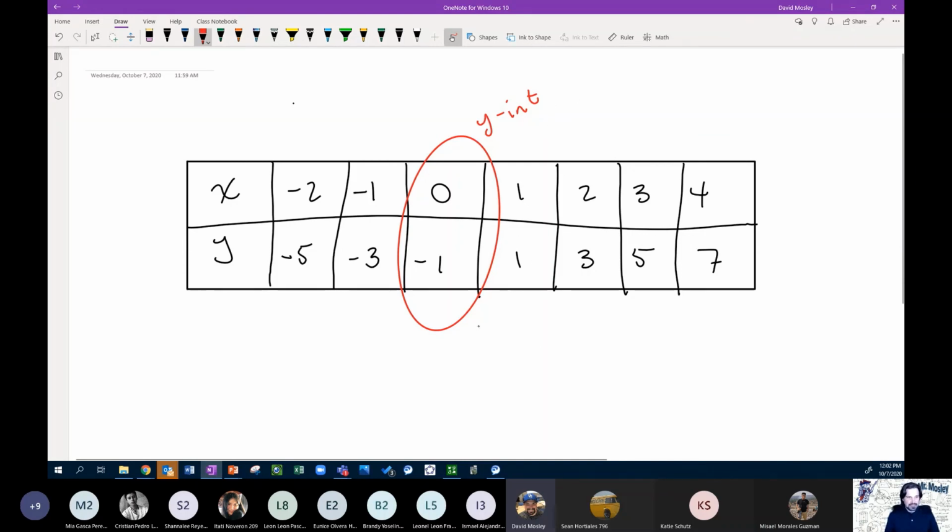Las coordenadas es 0, negativo 1. Okay. So, siempre quieres el valor de Y cuando X igual 0 para la intercepción Y.